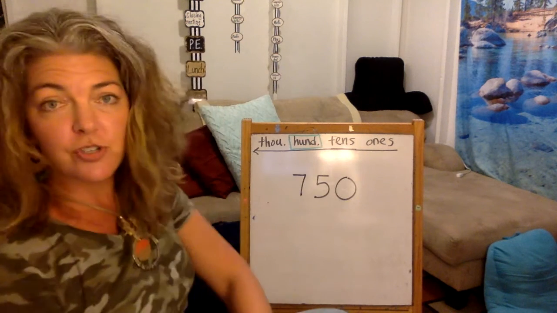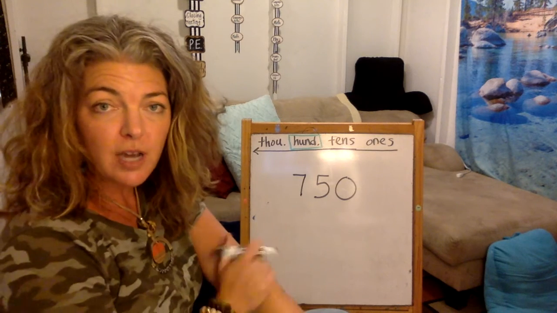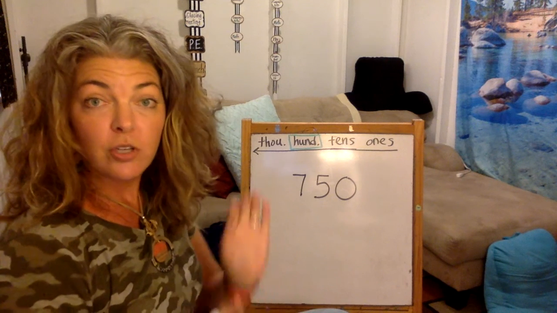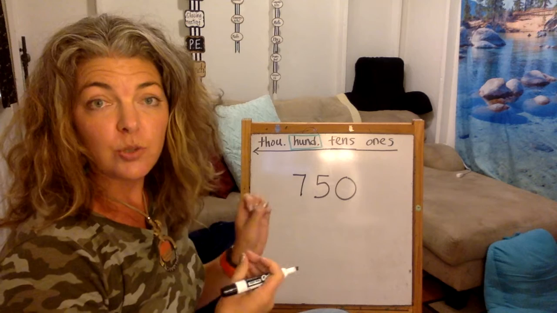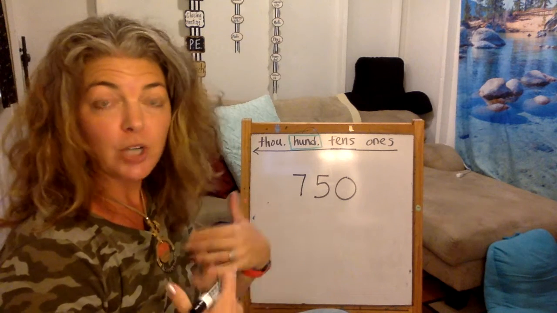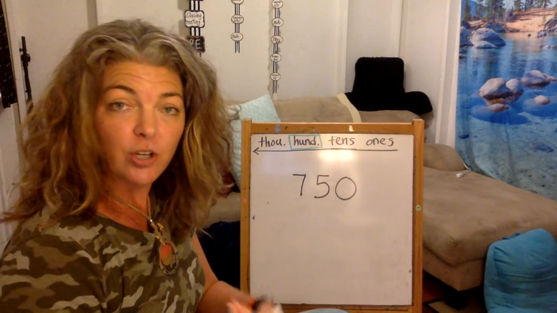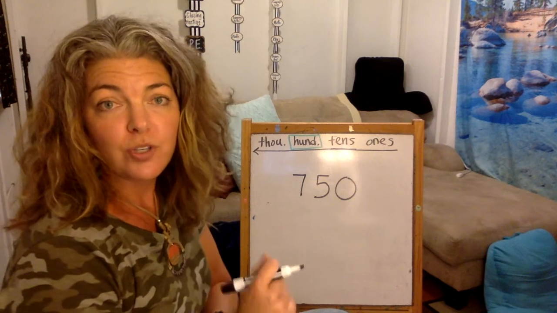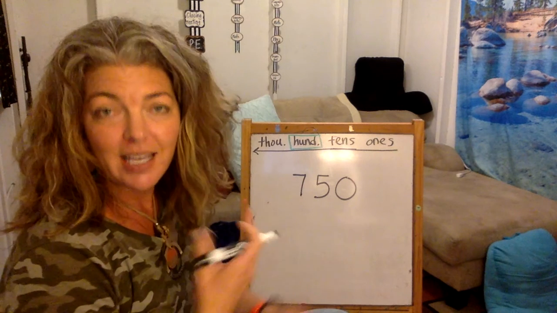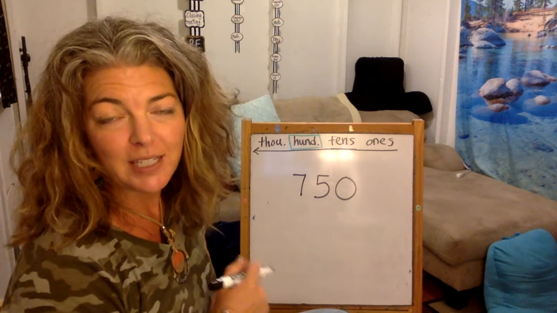And if you are just doing this math lesson for the first time, you can watch, you can follow along, you can use your whiteboard, you can copy with me and do it on your whiteboard, or you can just listen for the beginning and then interact a little bit later.